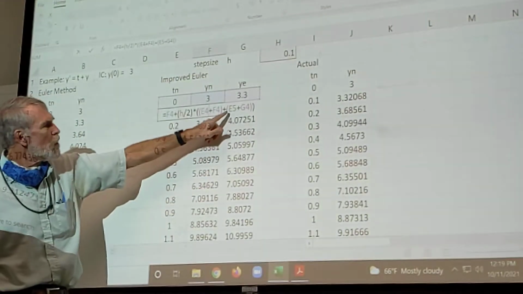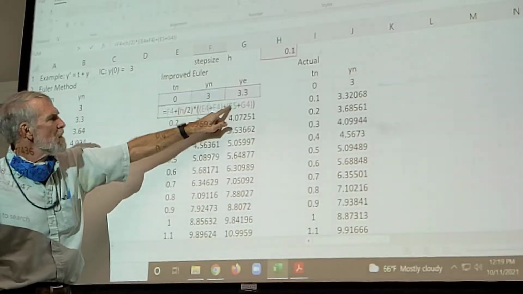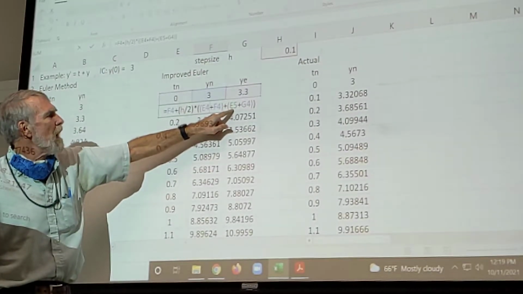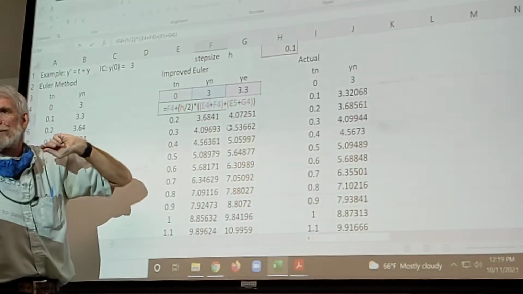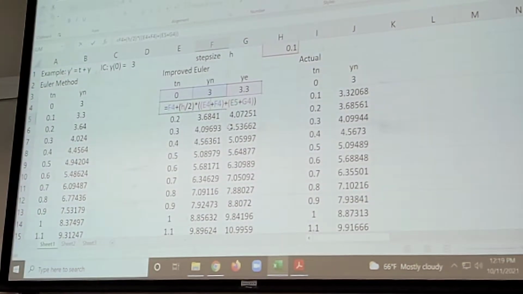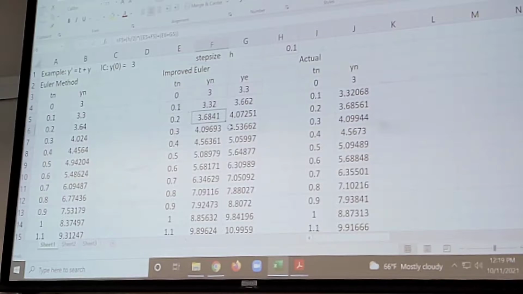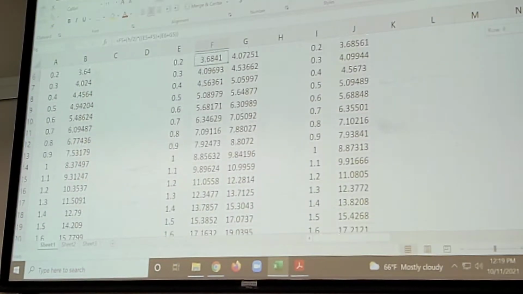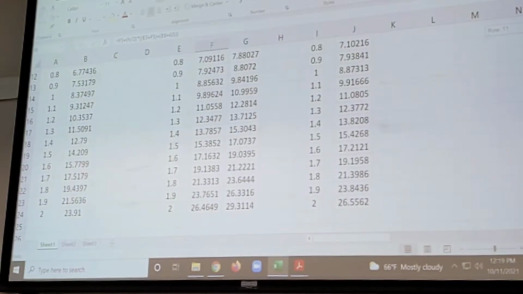Now, of course, you could just change this E5 to be E4 plus H. That would look fine also. All right, and so then we can go down and do the iterations.